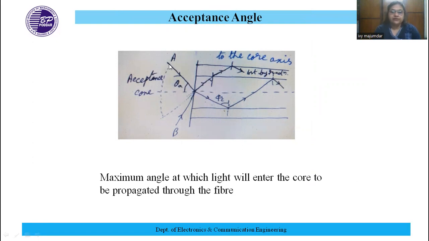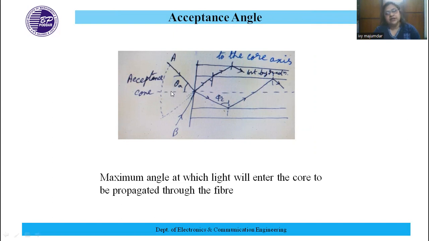If any ray falls at an angle greater than this maximum angle, called the acceptance angle, the angle of incidence at the core-cladding interface will be less than the critical angle, and no total internal reflection will occur. That ray will be refracted into the cladding, and after a few reflections from the cladding, it will be lost. It will never return to the core. Hence, this maximum angle is known as the acceptance angle.